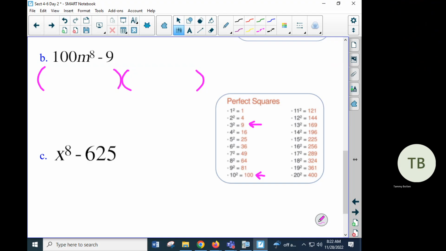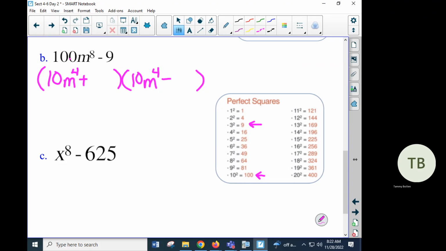And then with difference of squares, remember we do plus and minus. For the m to the 8th, I put half of the m's here, which would be 4 of them, and half of the m's here, which would be 4. And then with that 100, I think what's the square root of 100? And the square root of 100 is 10.